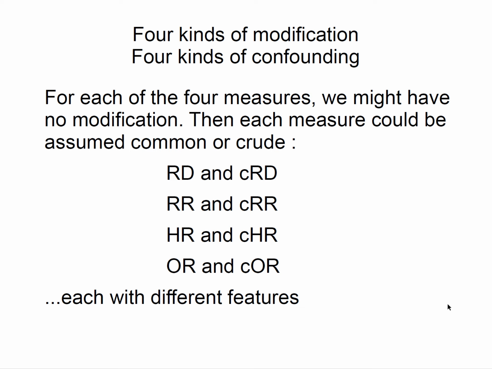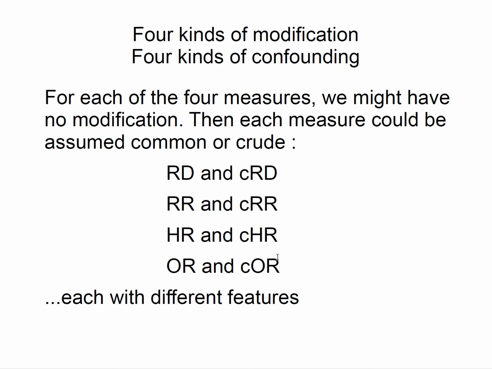For each of the assumed cases of no modification, we would then have two characteristics to explore. For example, if there is no risk ratio modification, then the discussion is between whether the assumed common risk ratio is different from the crude risk ratio.